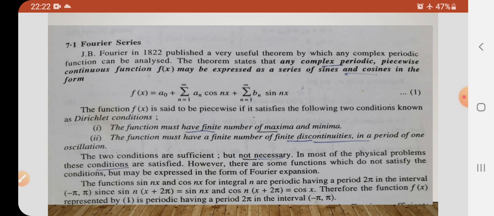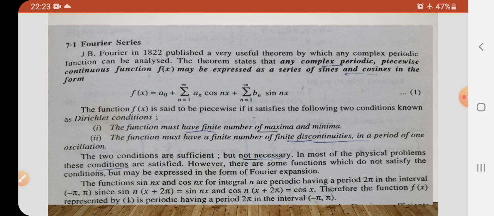The theorem states that any complex periodic piecewise continuous function f(x) may be expressed as a series of sines and cosines in the form f(x) equals a0 plus summation of n equals 1 to infinity a_n cos nx plus summation of n equals 1 to infinity b_n sin nx.